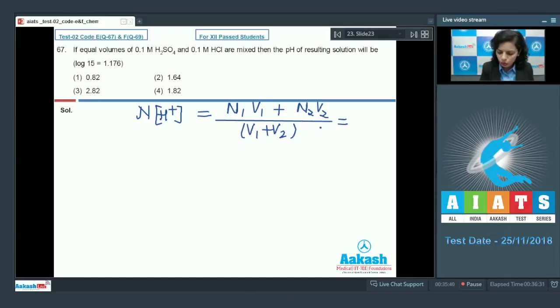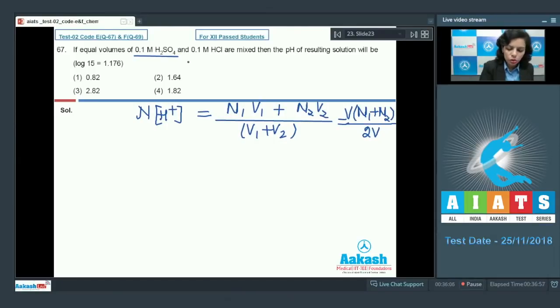So in that case, this equation becomes (N1 plus N2) into V divided by 2V. This is the formula. Now, we just want to find out the H plus ion concentration. In this case, first we need the normality of the first solution, that is 0.1 molar H2SO4.